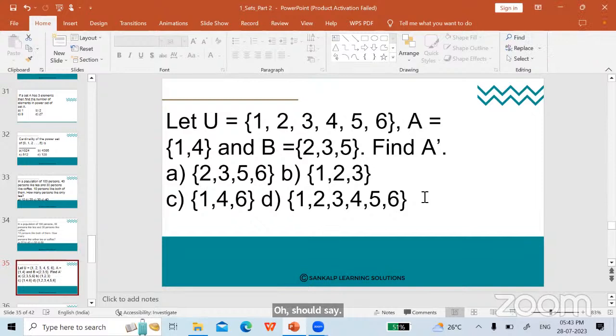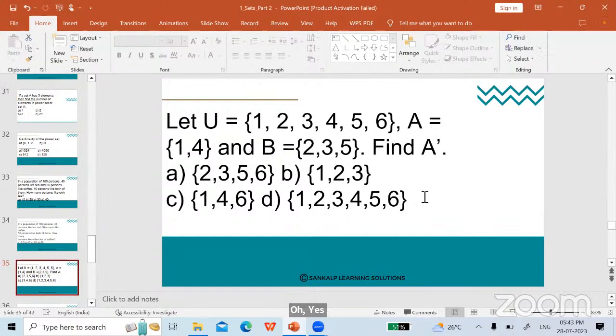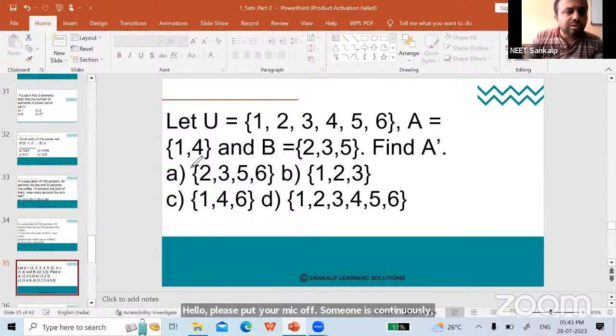What is the answer? Which option? Option A. Hello, please put your mic off. Someone's mic is continuously on. Okay. Which option is correct? Please answer me.